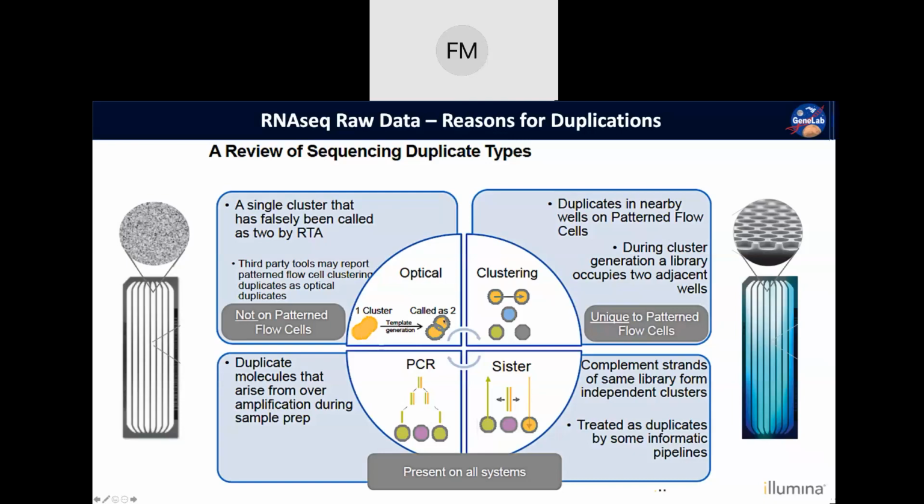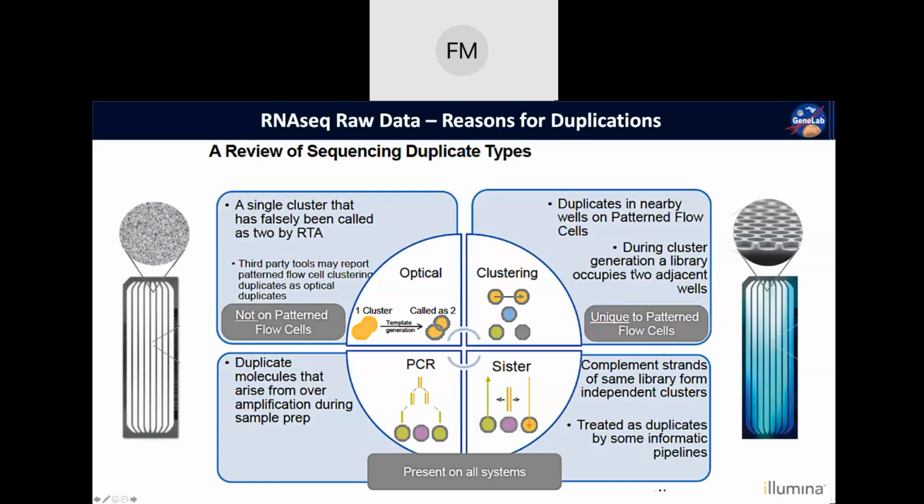So when the computer assesses how many clusters or distinct reads you have, it could count it as two, even though it came from the same insert. It would say, okay, these are two separate reads and they have the same exact sequence, because in fact it came from the same original template. So that's one way in an unpatterned flow cell to get artificial duplicates.